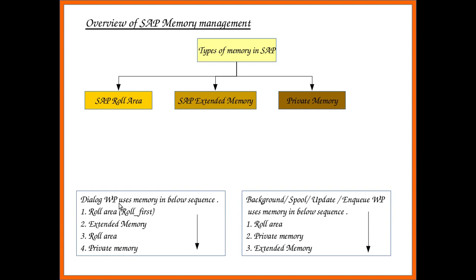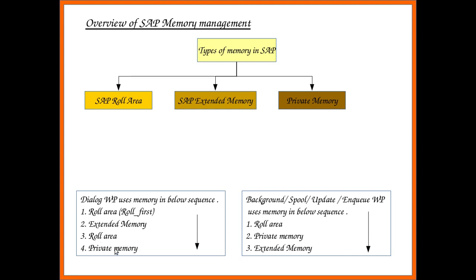So the dialog work process uses memory in the below sequence. First it allocates the roll area, that is the roll first parameter. Once it is used, then it comes to extended memory. Once extended memory is full, then it uses the roll area.